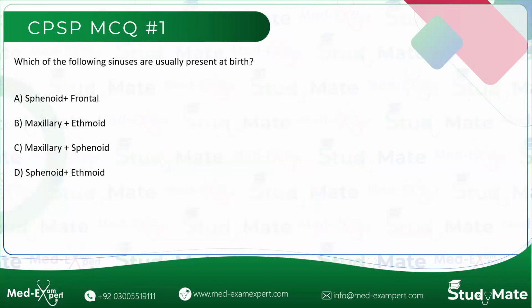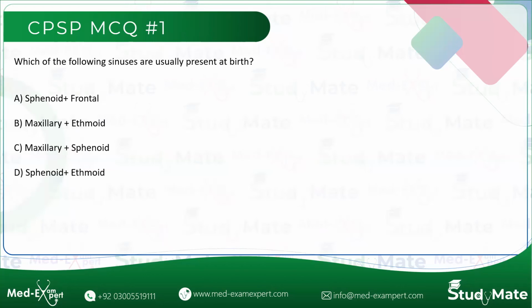So now we'll review the CPSP MCQs which were discussed initially. और अब देखते हैं कि आंसर्स improve हुए या नहीं. The first CPSP MCQ is which of the following sinuses are usually present at birth? A is sphenoid and frontal, B is maxillary and ethmoid, C is maxillary and sphenoid, and D is sphenoid and ethmoid.